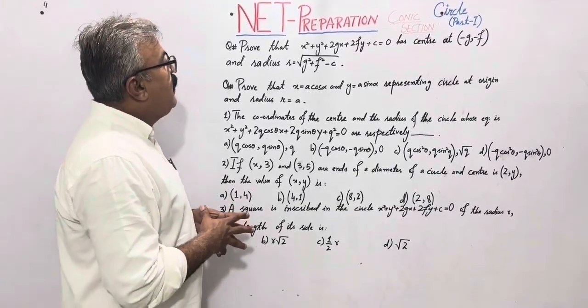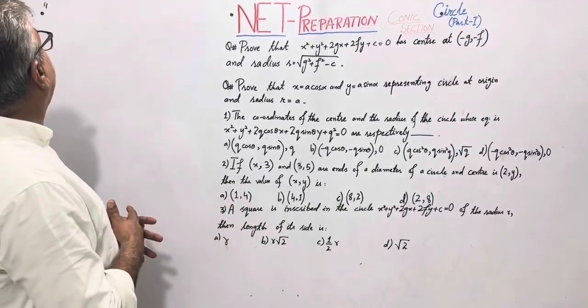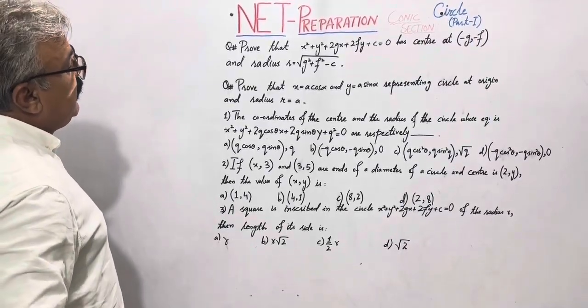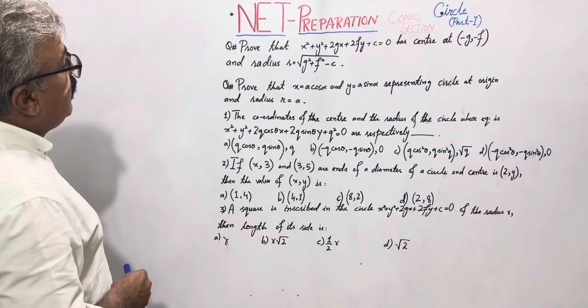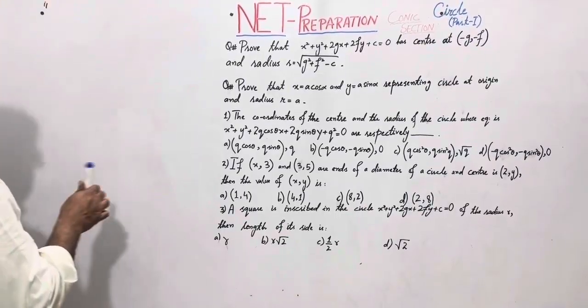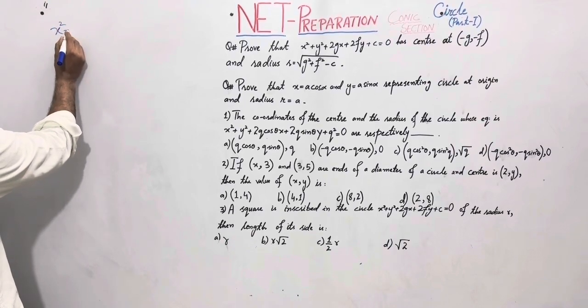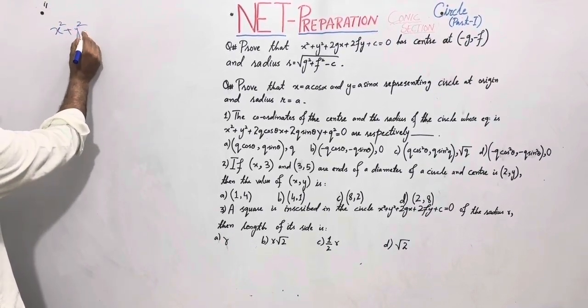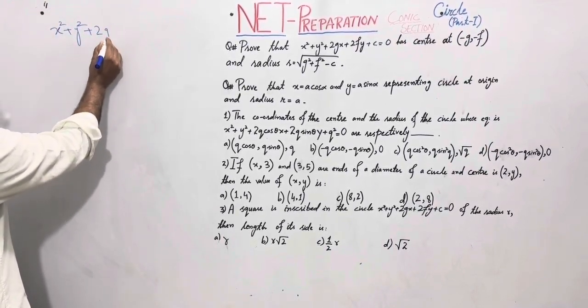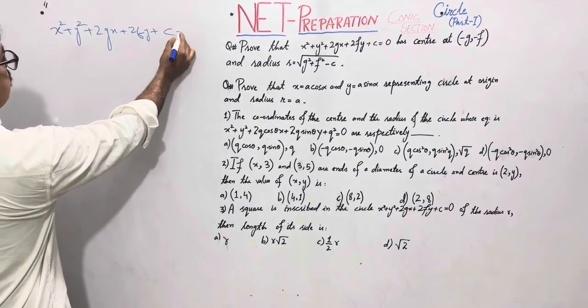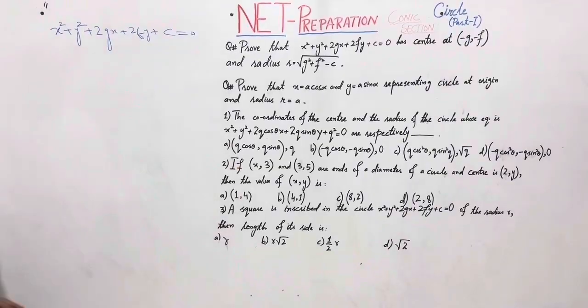But we are about to dig deeper to get to the reality of how this center and radius come from this equation. Let me write this equation here: x square plus y square plus 2gx plus 2fy plus c is equal to 0.